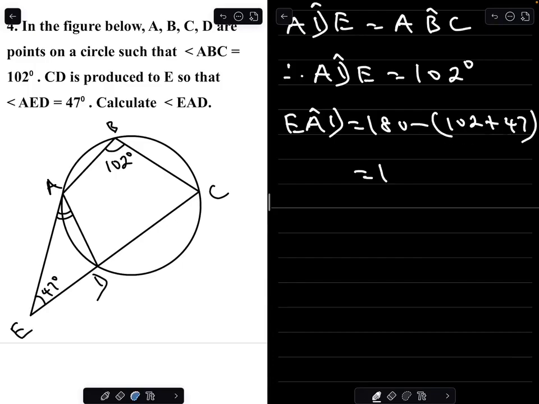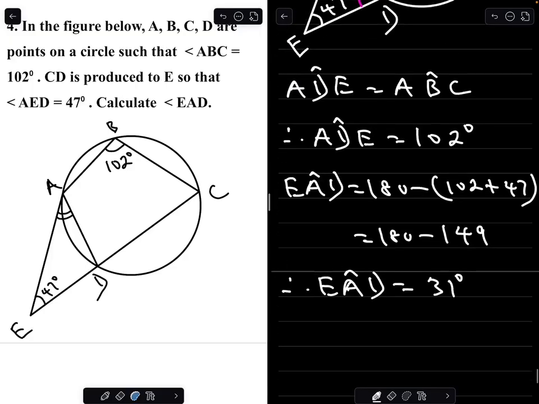That means angle EAD is equal to 180 minus 149. And therefore angle EAD is equal to 31 degrees.